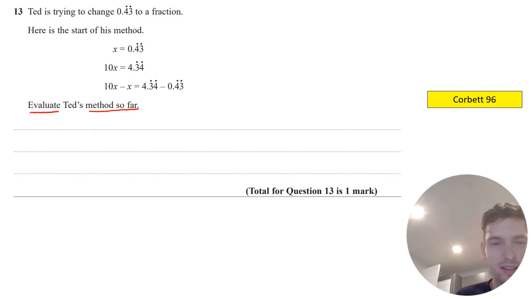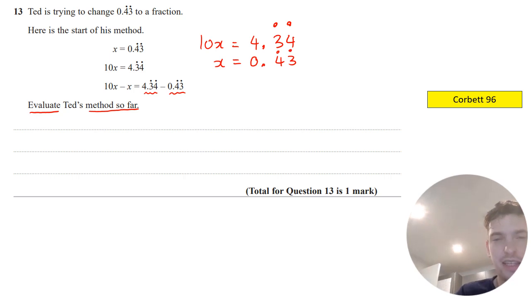I might just write it out. What he's done is he's put 10x and 1x, and we can see here that these decimal points don't align. The 3 and the 4 need to be the same, but they're not.